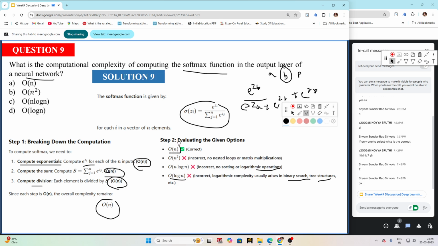Otherwise the complexity is always O(n), because here we are doing simple operations like exponential, sum and division. For hierarchical softmax, the complexity is O(log n). So this you need to remember. So option A is the right answer.